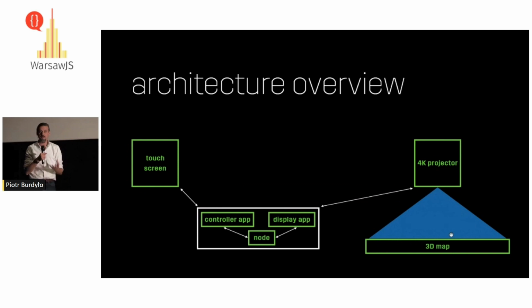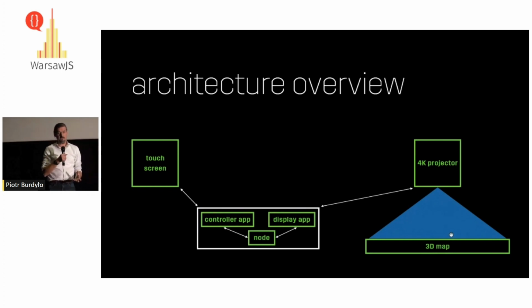Basically the installation consists of two web apps. We have a controller app and a display app. They are both web apps that are communicating with each other through Node. They are both deployed on the same PC.